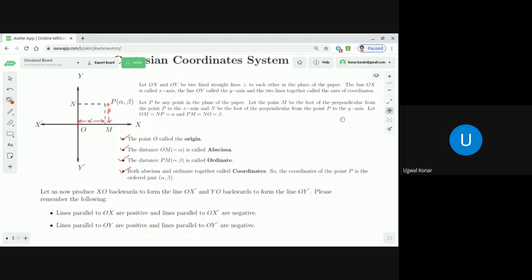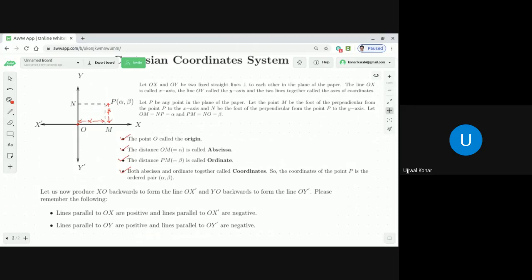The lines parallel to OX are positive, and the lines parallel to OX dash are negative. The lines parallel to OY are positive, and the lines parallel to OY dash are negative.